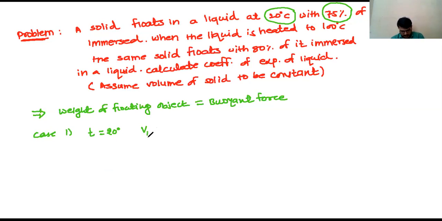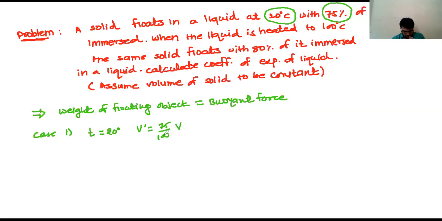So V dash is equal to 75 by 100 into V. It is immersed, yes or not?